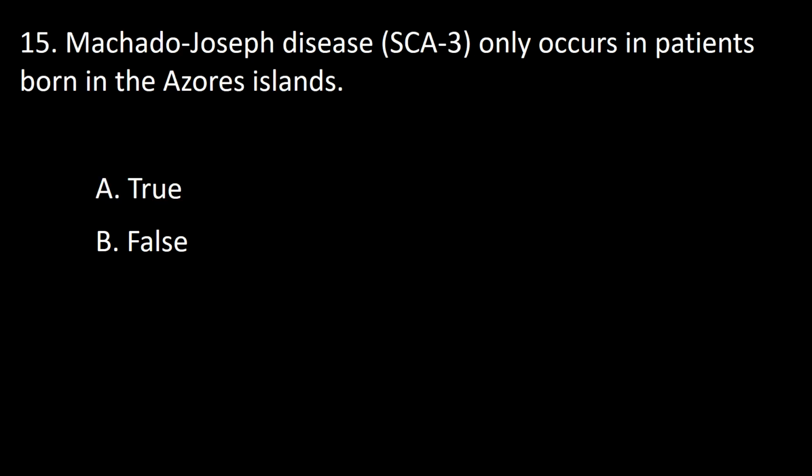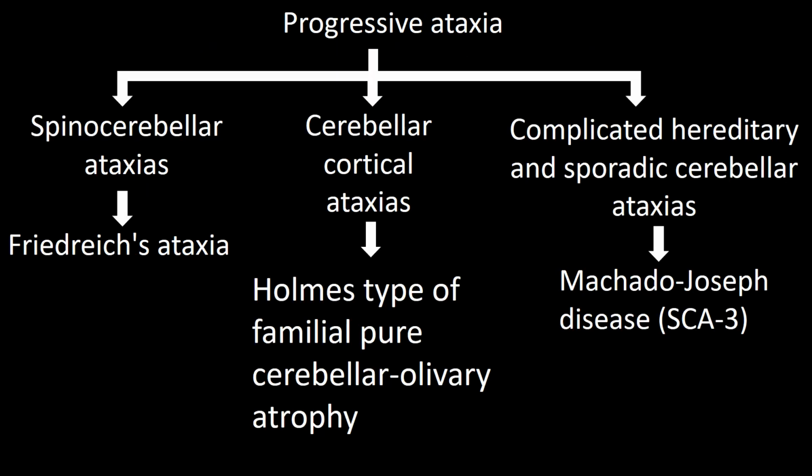Next question. Machado-Joseph disease, SCA3, only occurs in patients born in the Azores Islands. A true, B false. So back to the chart. The progressive ataxia group congregates many conditions.